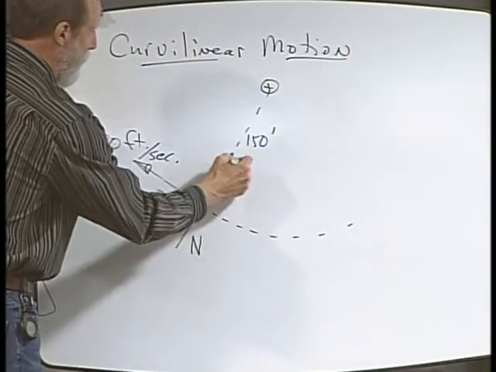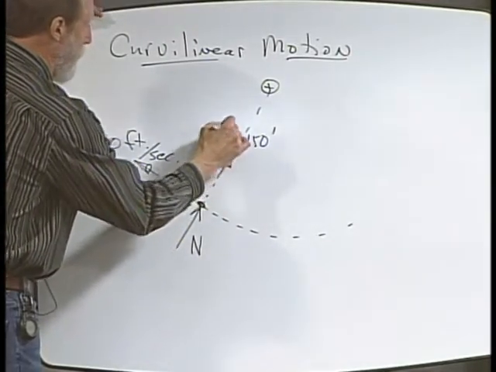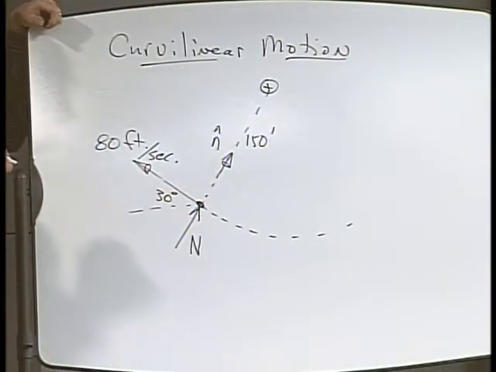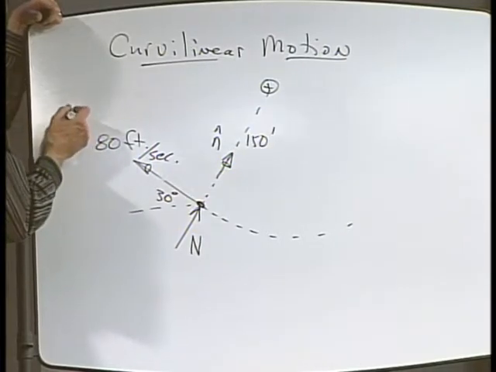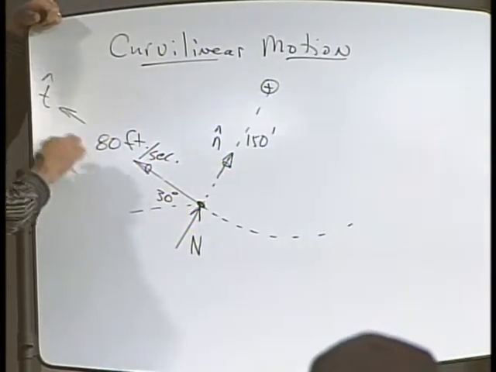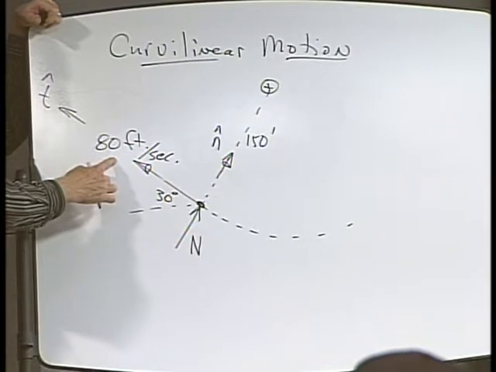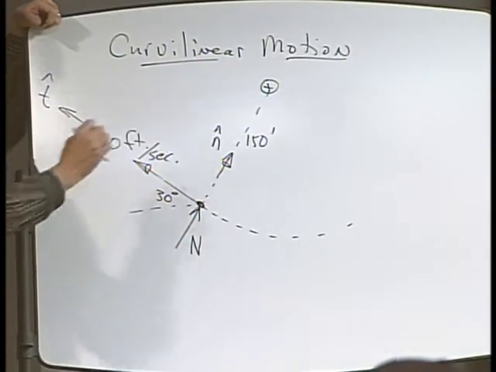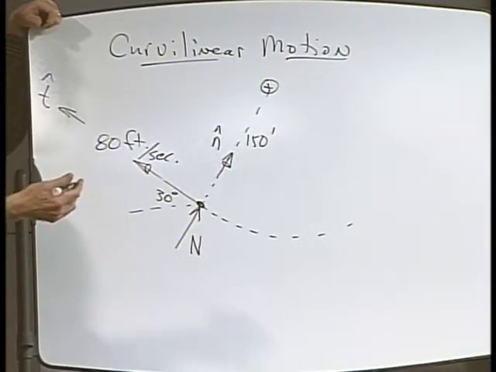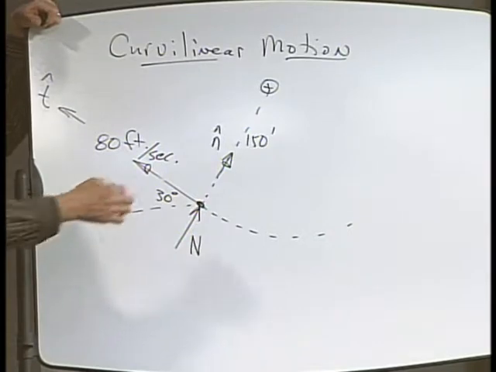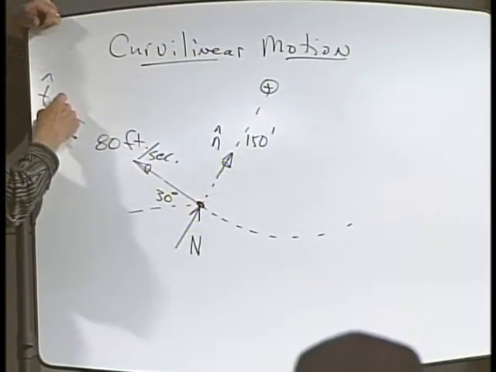Now again, towards the center of curvature is our unit normal. And tangential, remember, is always in the direction of the velocity. So we put those on our figure and write our Newton's second law equations based on that orthogonal pair.